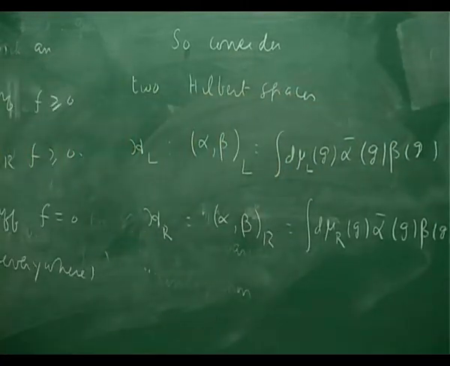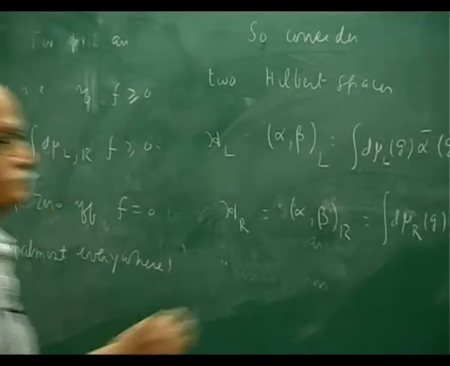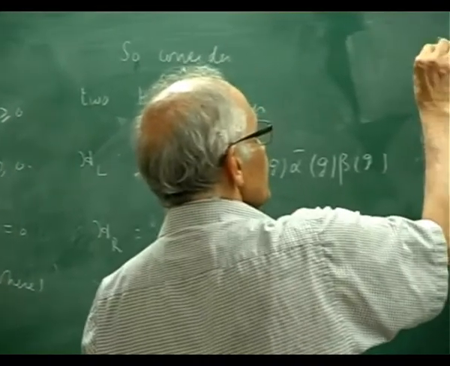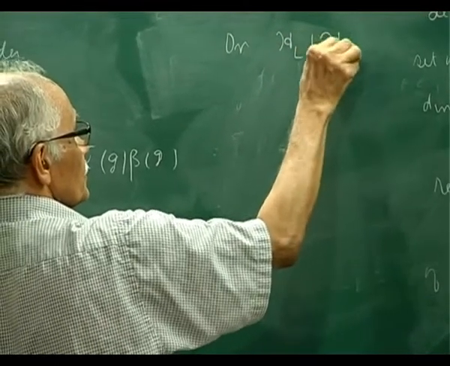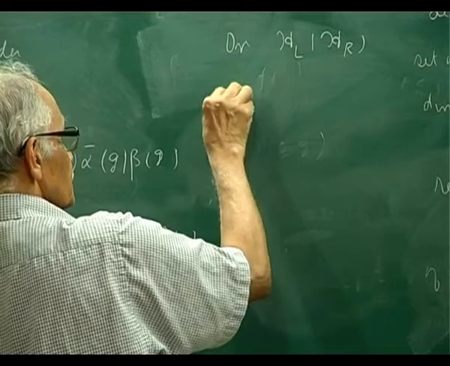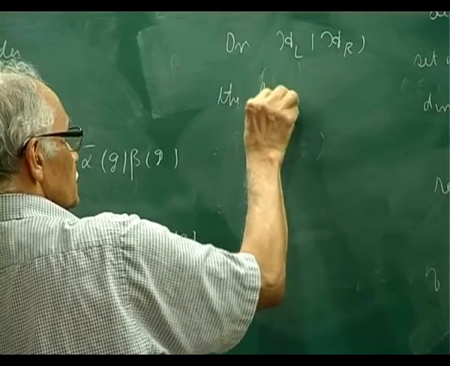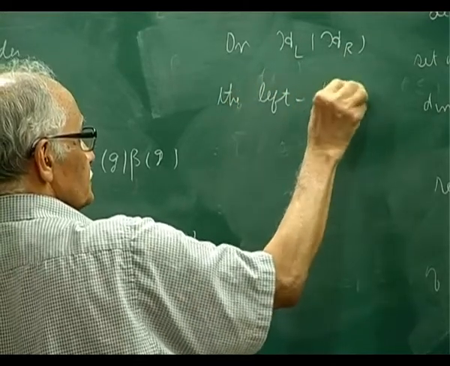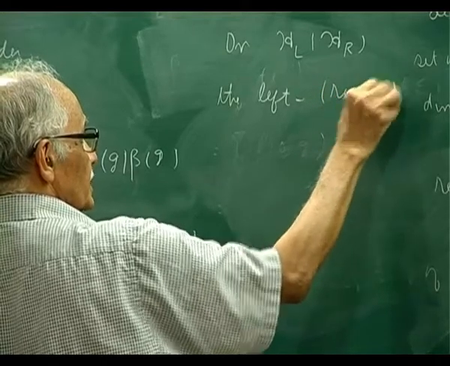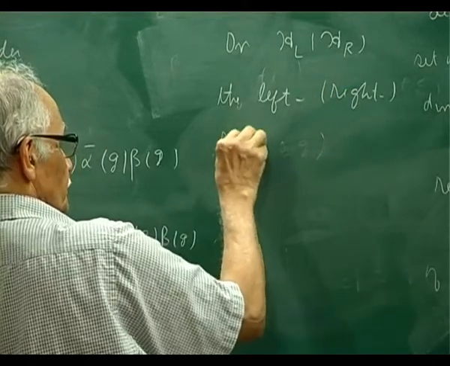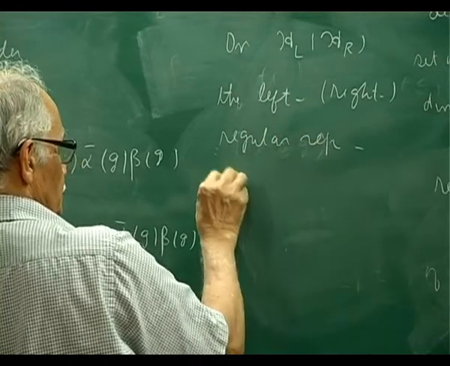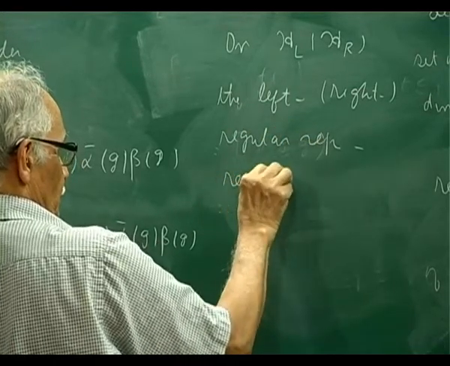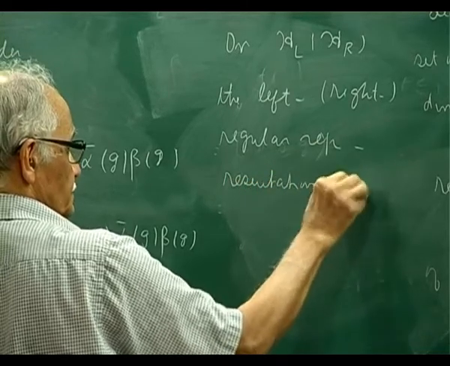So this is my scalar product, and what I can say is that on HL, HR, the left and right regular representation is unitary.